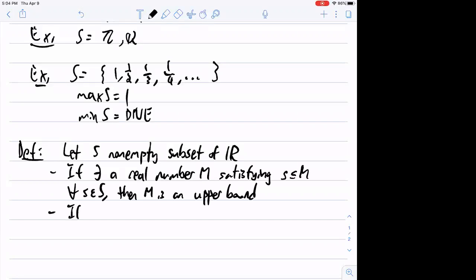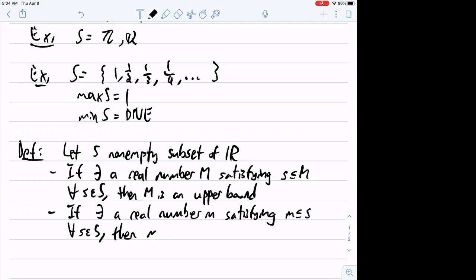And similarly, if there exists a real number M satisfying that M is smaller than every element in S, then M is a lower bound.